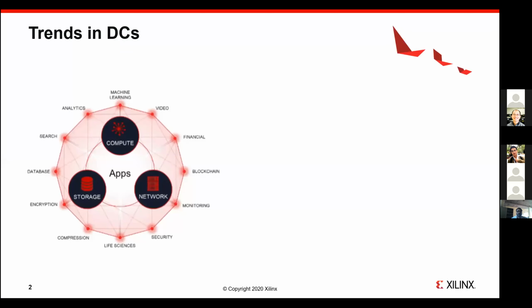Okay, so let me start the topic. First of all, as I mentioned, this is work related to the data center. As we all know, compute, storage, and the network are the three pillars of data center infrastructure to support all kinds of different applications as well as services, right?